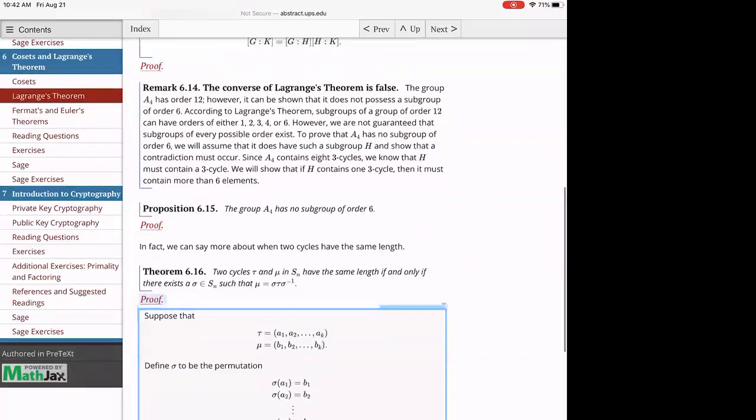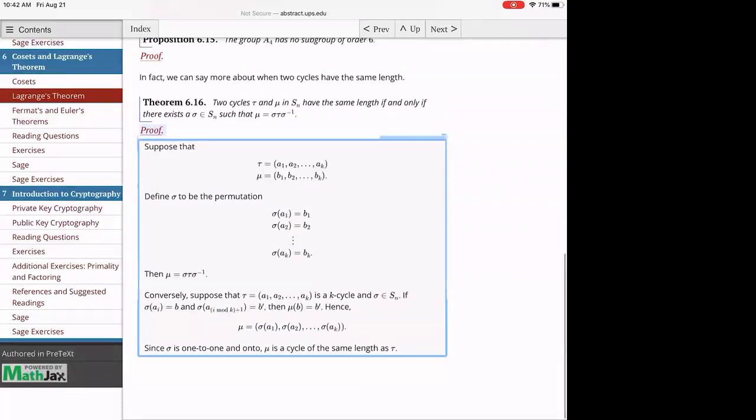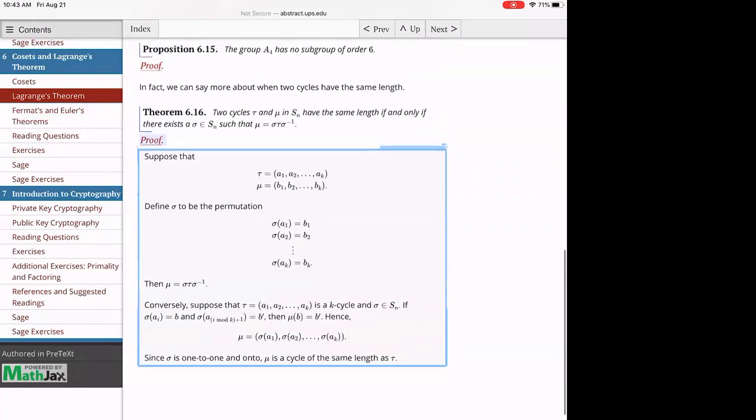And I think if you read the proof of theorem 6.16, the second part, it basically gives the answer to that other question.